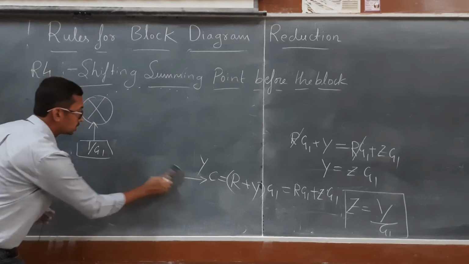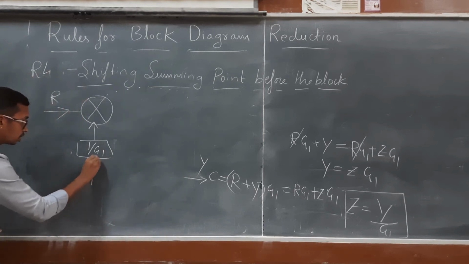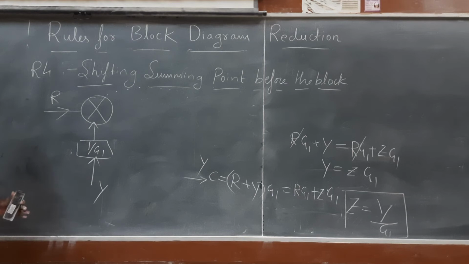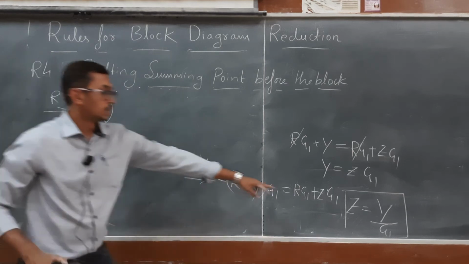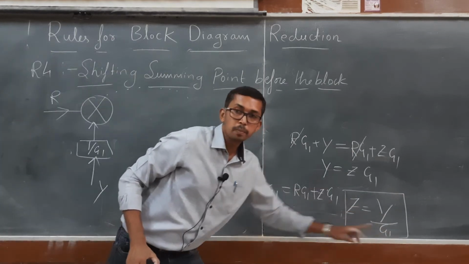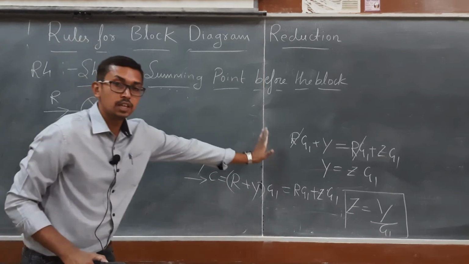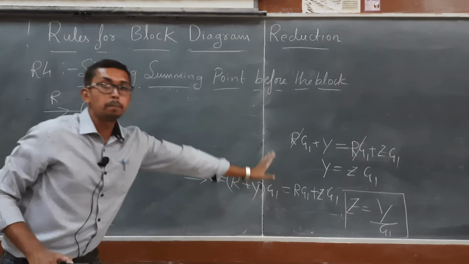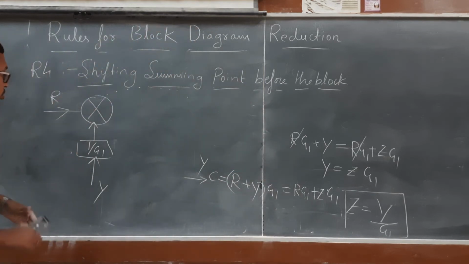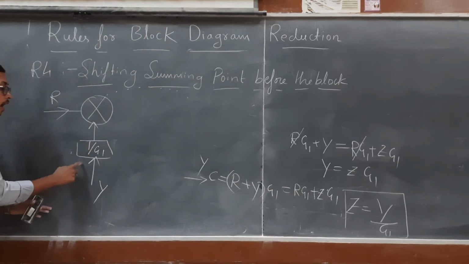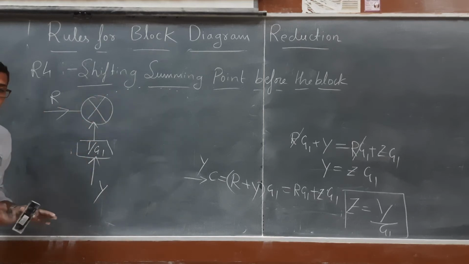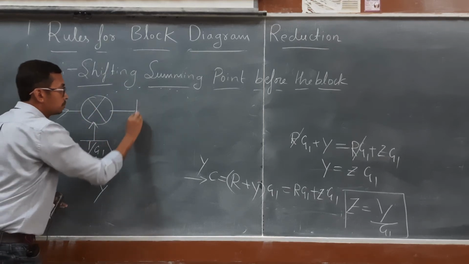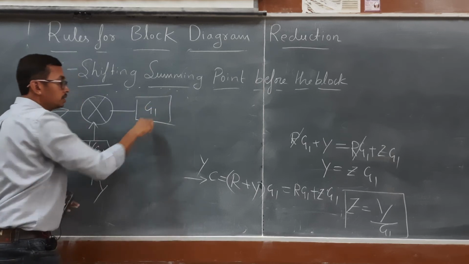The signal I am going to give is y itself now. So z is equal to y by g1. If I am shifting the summing point before the block, that means I am jumping the block g1. Therefore, to this signal I need to add another block which is the reciprocal of that jumping block, so this will be 1 by g1.